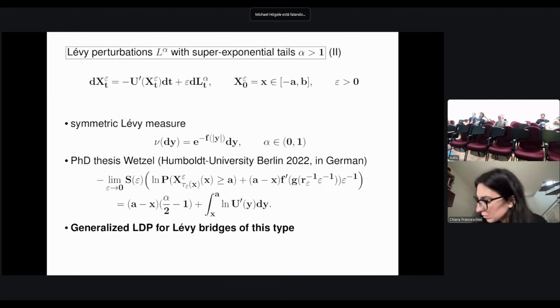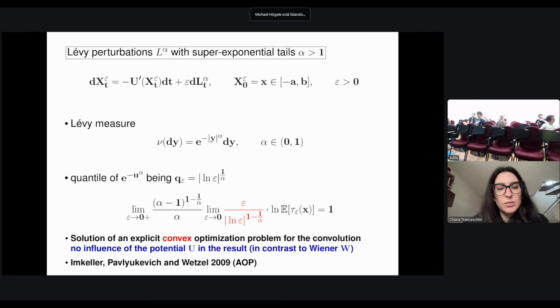If you restrict yourself to symmetric Lévy measures, his motivation was to refine the results he obtained here, because in the first exit results you cannot see the influence of the potential. Everything is determined essentially by the noise.